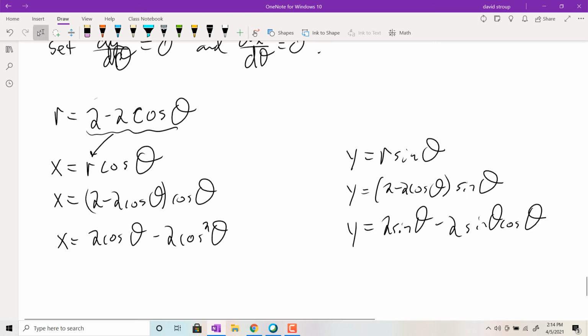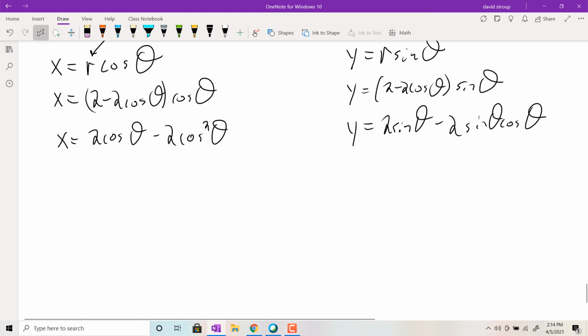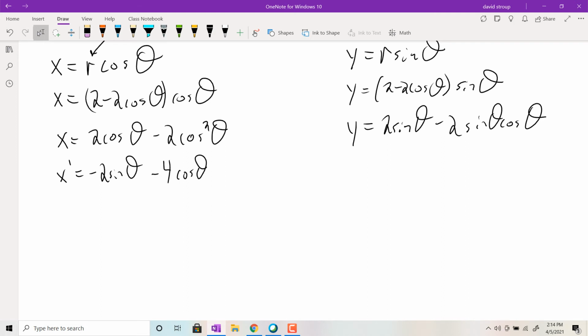Okay, so first get the derivative, so x prime will be negative 2 sine theta minus power rule, bring down the 2, you get 4 cosine theta, then chain rule times the derivative of cosine, which is negative sine. Clean that up and set it equal to 0.